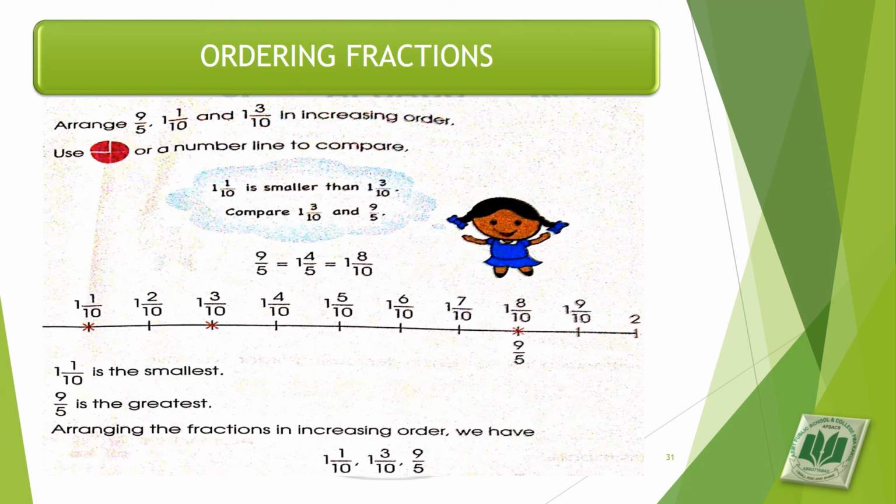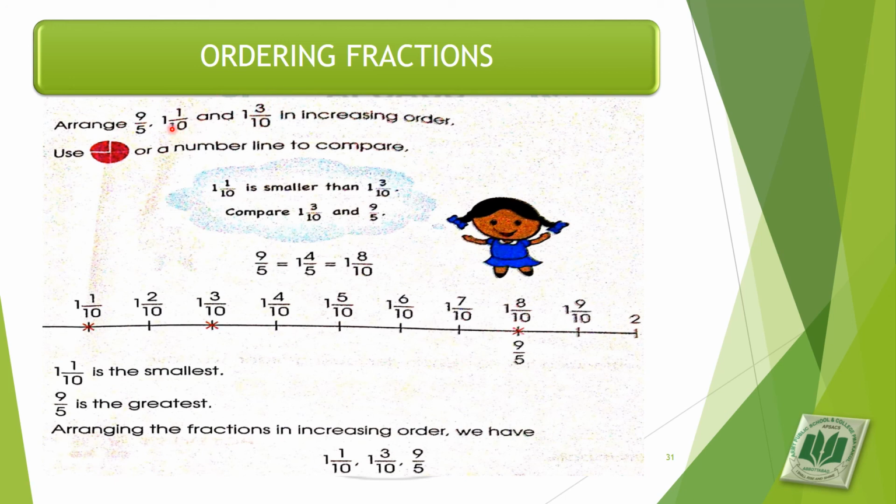Example is, arrange 9 by 5, 1 whole 1 by 10 and 1 whole 3 by 10 in ascending order, or you can say in increasing order. Now you can see here that we have two mixed numbers and one fraction. The mixed numbers are 1 whole 1 by 10 and 1 whole 3 by 10.